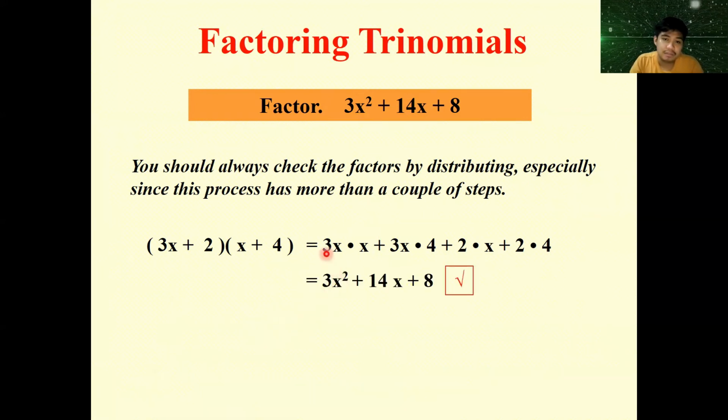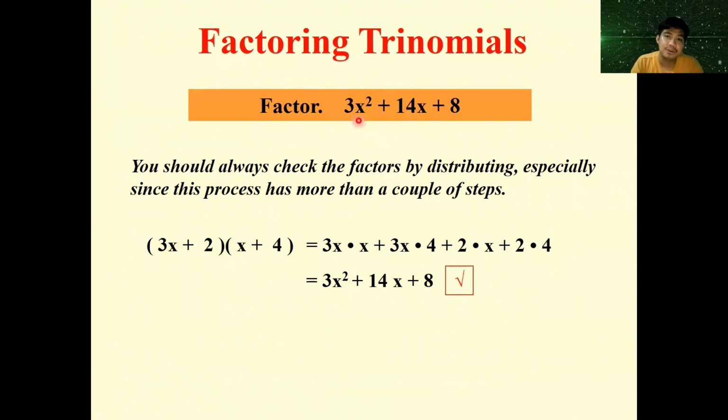We have FOIL. So 3x times x is 3x squared, and then we have 3x and 4 as our outer, which is 12x, and then we have 2x as our inner. So 2x plus 12x is 14x, and then we have 2 times 4, that is equal to 8. So our answer is correct. This is our final answer.